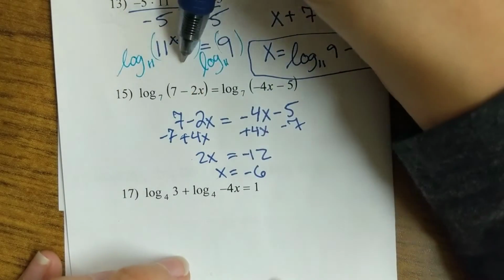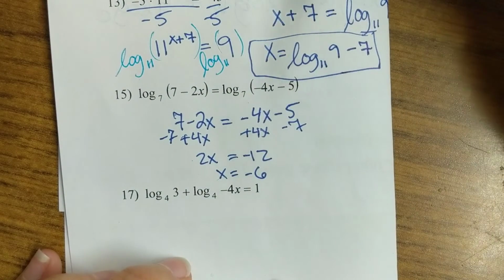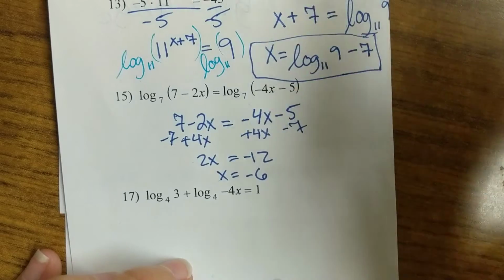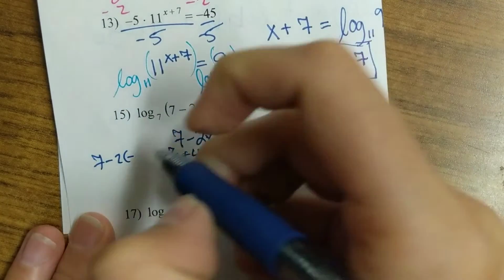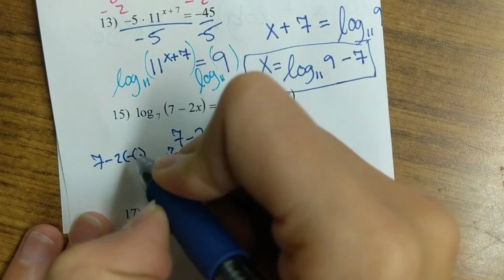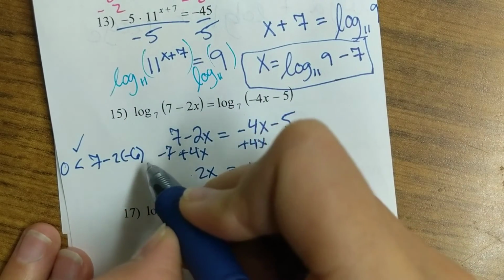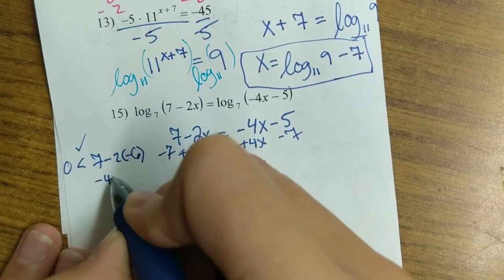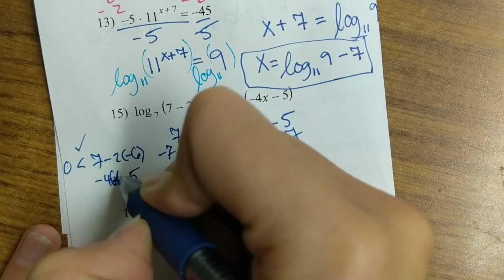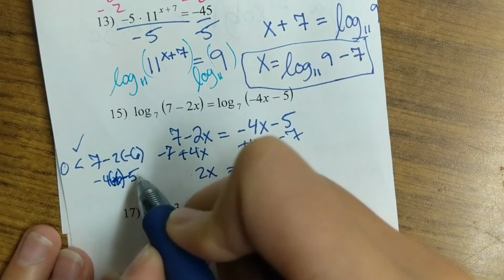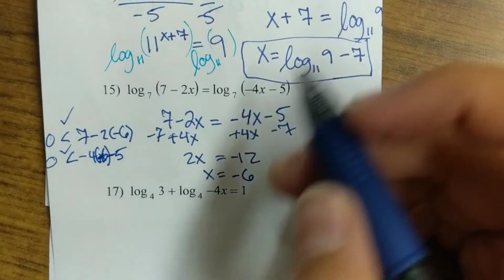So if negative 6 makes either of the arguments negative or 0, then it is not a solution. 7 minus 2 times negative 6, that's greater than 0, so we're fine. And then negative 4x minus 5, so negative 4 times negative 6 minus 5, that's 24 minus 5, that's also greater than 0. So we're good on that one.